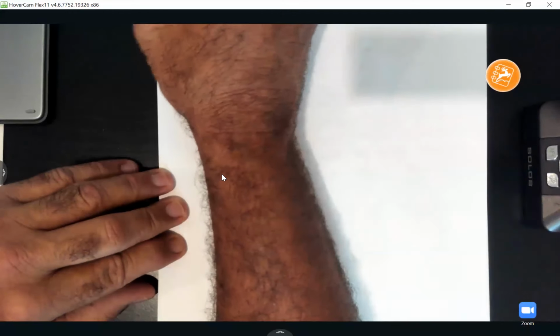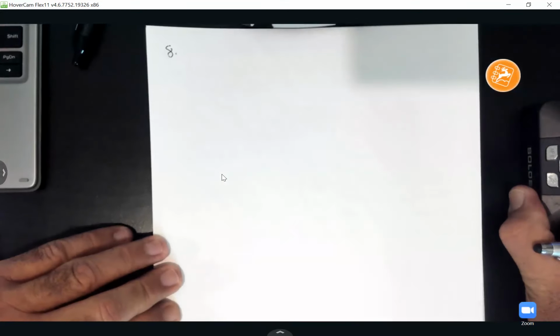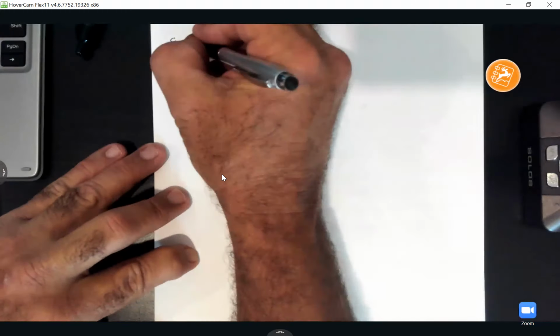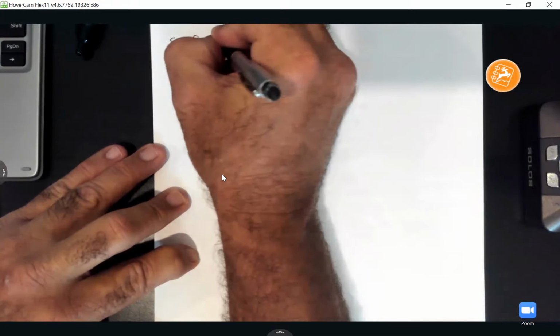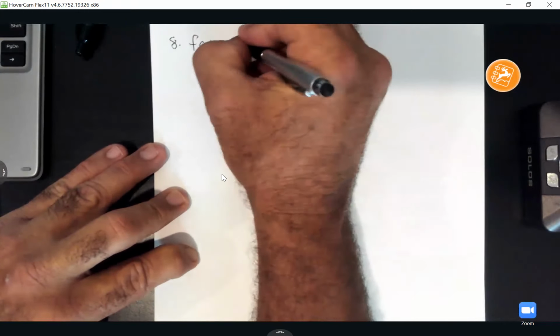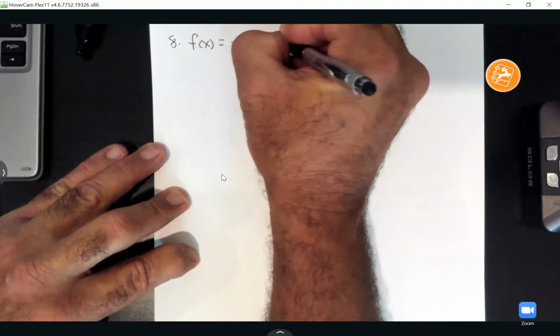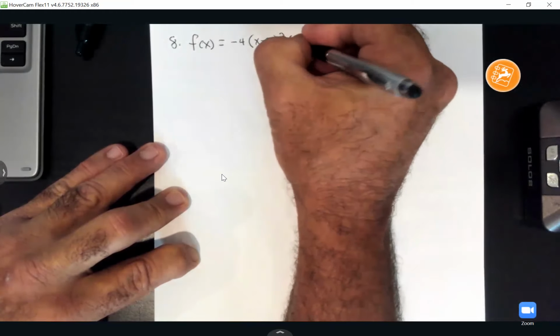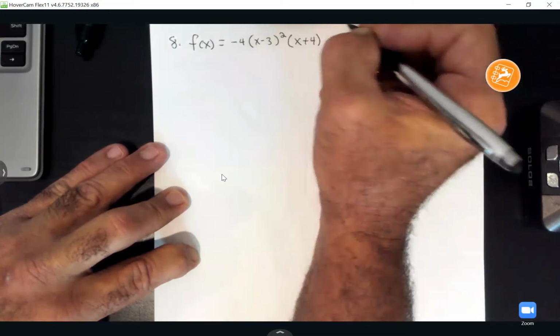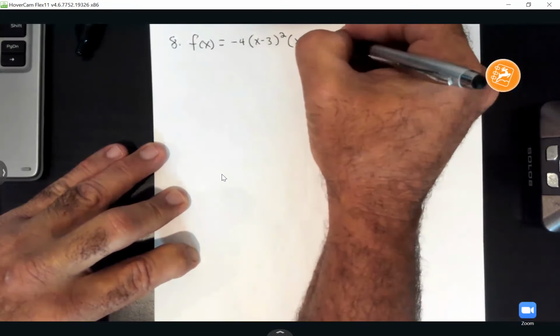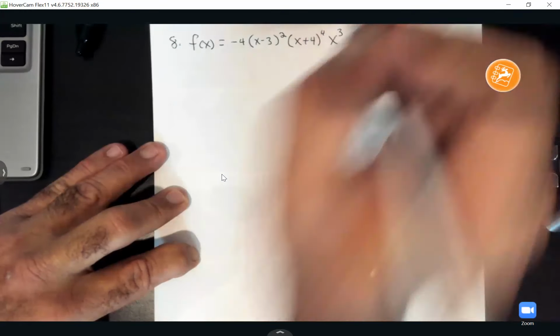All right, y'all, so let me try one more of those. All right, so moving my camera back up. Number 8 is the same thing. f of x equals -4 times (x minus 3) squared times (x plus 4) to the 4th times x to the 3rd.